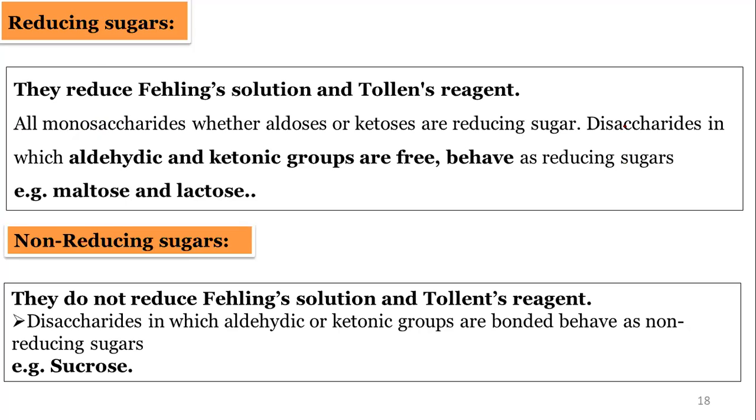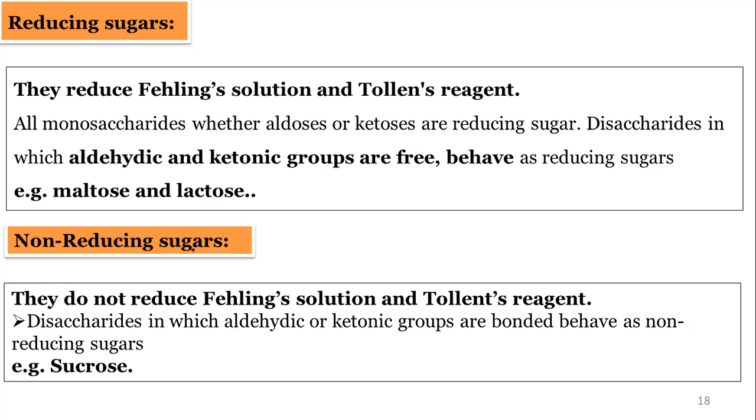Now I am talking about the disaccharides in which the aldehydic and ketonic groups are free. This is very important. In disaccharides, when the aldehydic and ketonic groups are free, they behave as reducing sugars, for example maltose and lactose. These are disaccharides in which the aldehydic and ketonic groups are free. If these groups are not free, it becomes a non-reducing sugar.